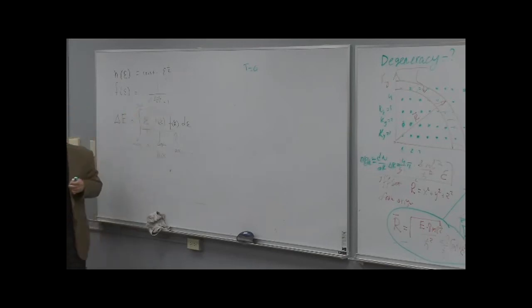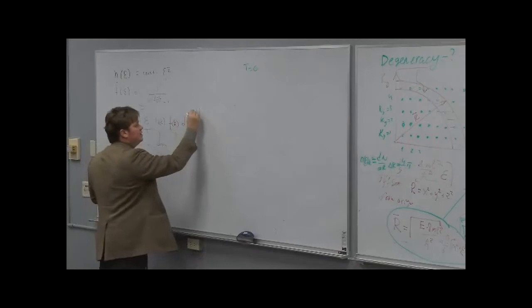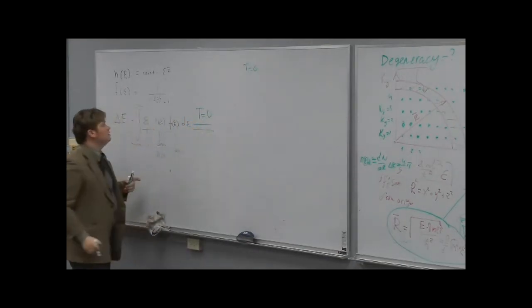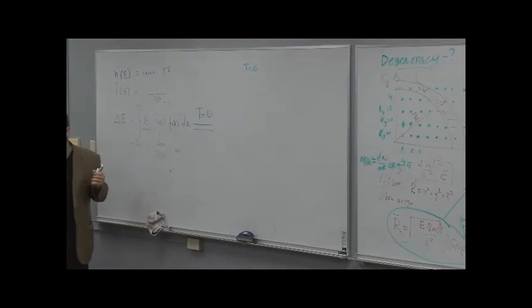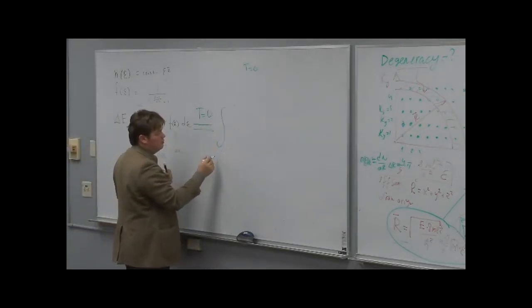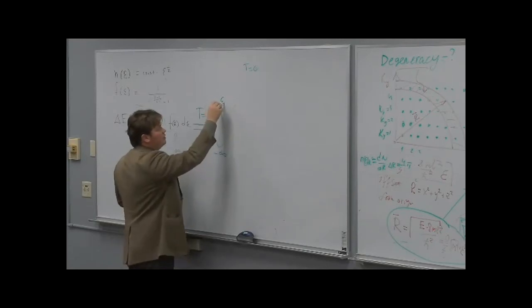Integral over all possible energies. Now, we do assume that temperature is equal to 0, and our Fermi distribution reduces to our standard step, with only occupied and unoccupied orbitals, which means that we need to integrate only from minus infinity to the Fermi energy.